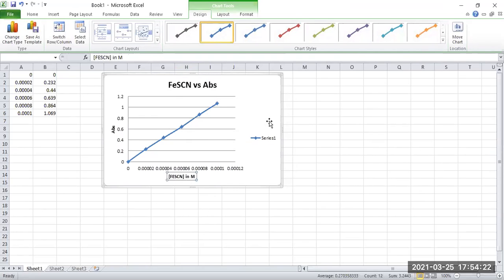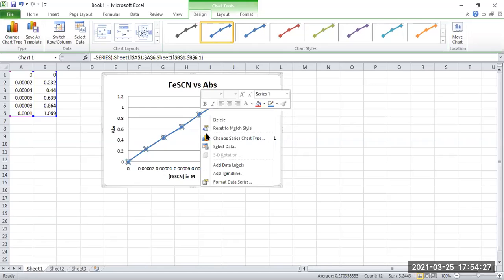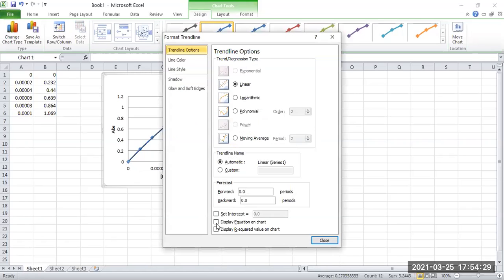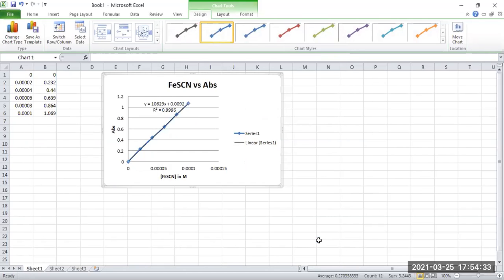All right, so, oh, and it's being fussy. It deleted my trend line. That is one weird goof about some Excel versions.